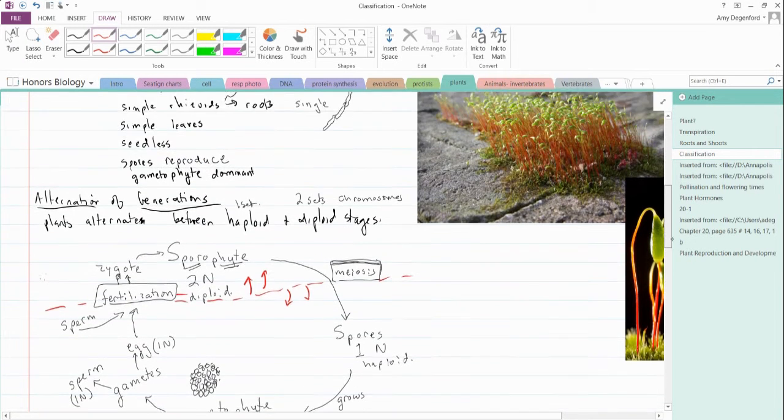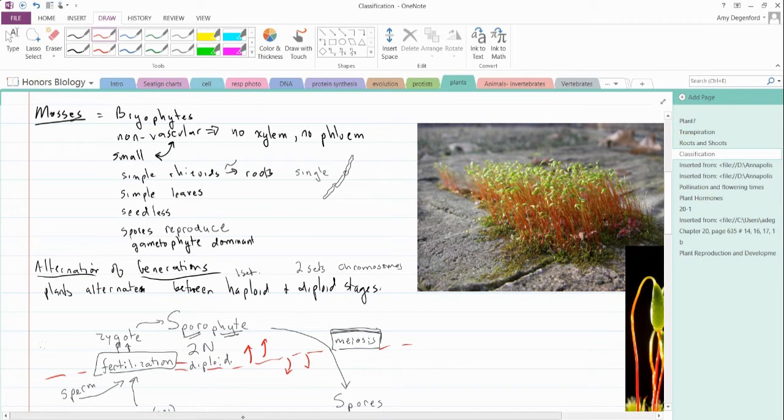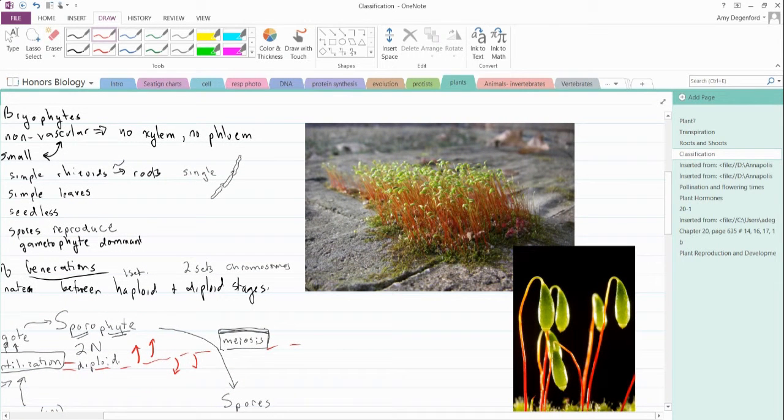Now, if we look back at our mosses, the unusual thing about mosses is the plant that you see, notice what I'm pointing at in the red, the moss plant that you would normally look at on the ground, that's actually the haploid portion. This is the gametophyte portion. It's only the top portion of the moss that is actually the sporophyte.